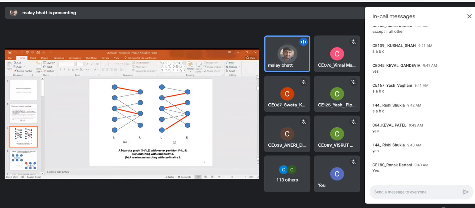Now, in the other diagram, the same graph is there, but we have done more matching, as you can see. Player 2 is matched with T1. Player 3 is matched with T2. And player 5 is matched with T3.